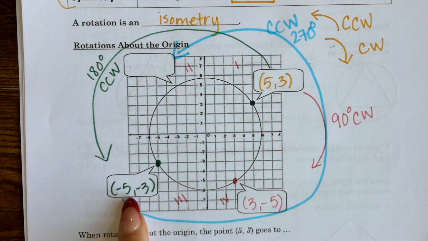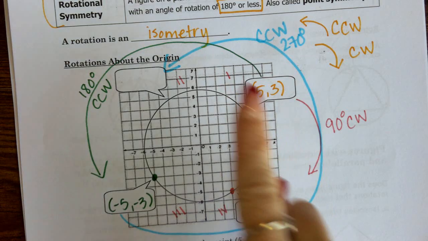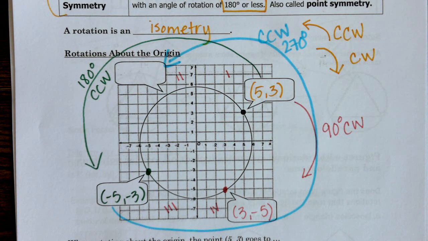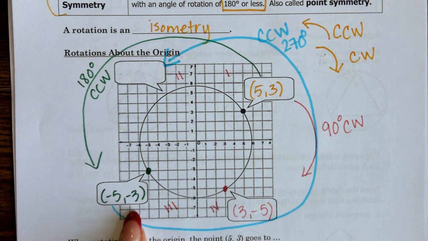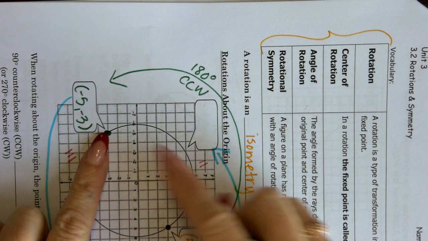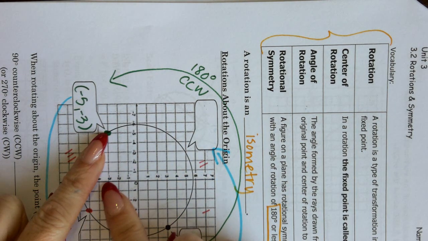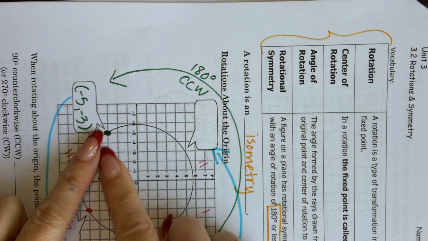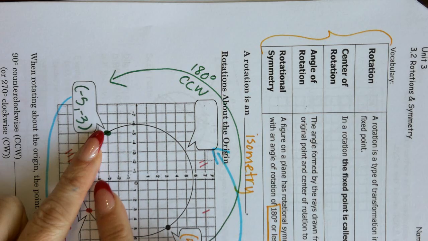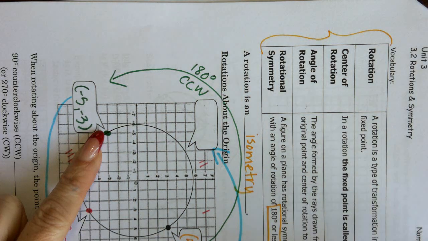So take this point, rotate it 270, and find our new point. So now it is at -3, +5. So I ignore what the numbers say, and I read them as what they were.